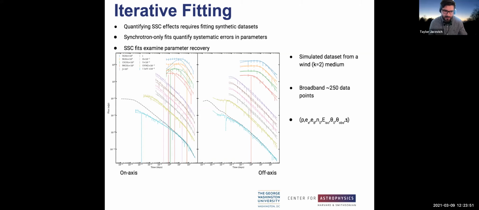So the number of observations and the spacing between these observations was more or less consistent with what Swift XRT or ground-based optical telescopes or the radio band could conceivably do. And then we took the base boxfit and applied the fitting algorithm that comes by default with that code. And then we took our modified version of boxfit and applied it to the data as well. And these light curves represent the output of those, the best fit model for those.